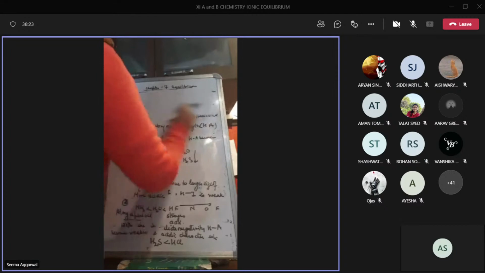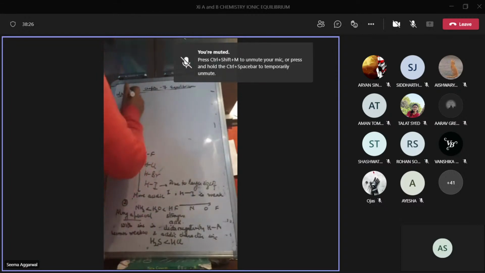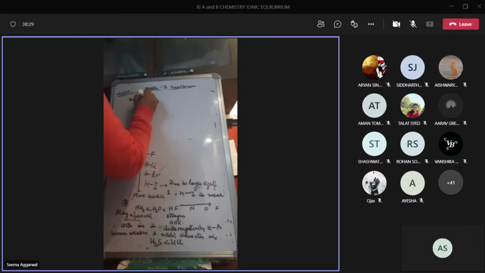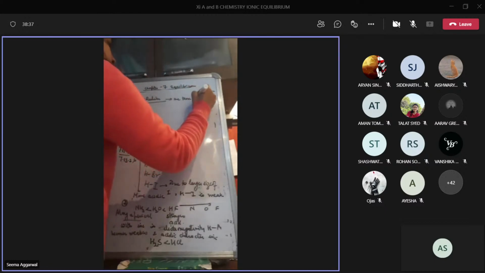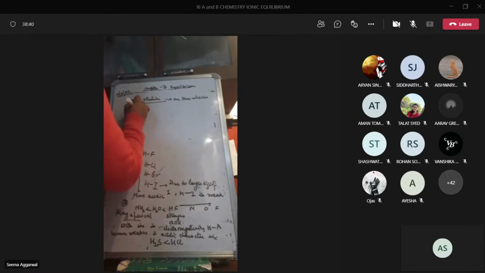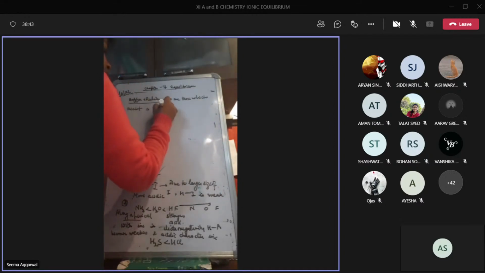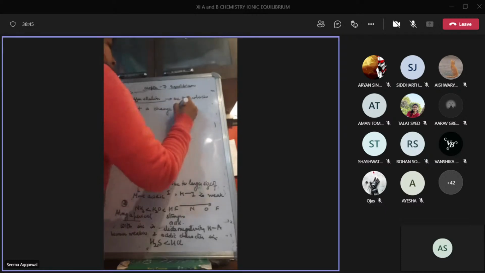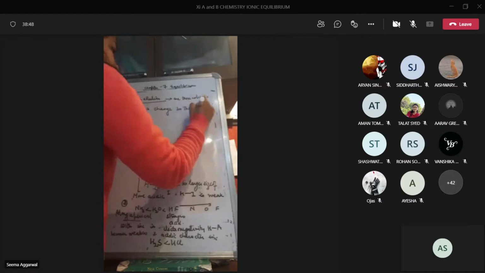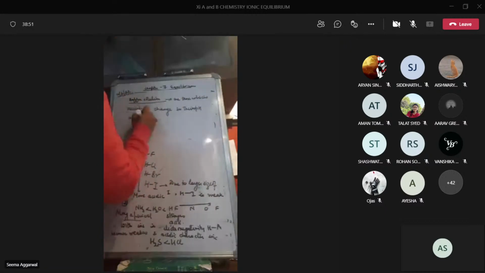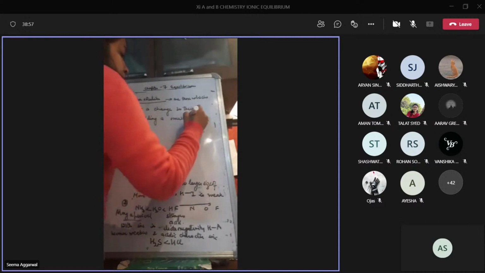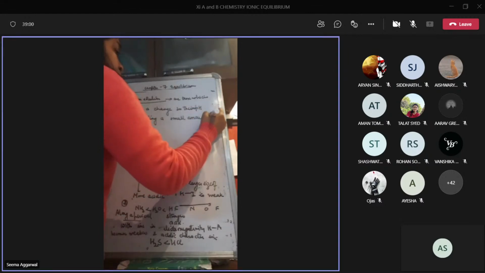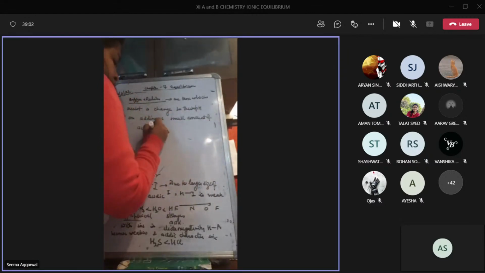Starting with the buffer solution, I am telling you today, it's a definition only. We are not going to do any explanation for this because it is not in the syllabus. So buffer solutions are those which resist change in their pH on adding a small amount of an acid or a base.